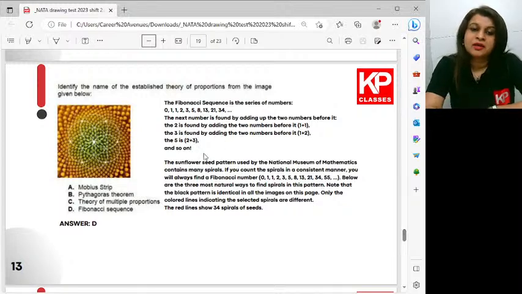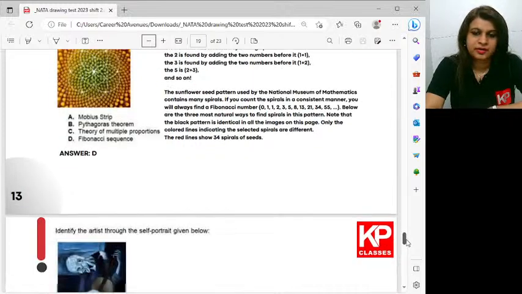That leads to certain patterns which are visually very aesthetic. So please read up about the Fibonacci series, and you do get questions related to it.